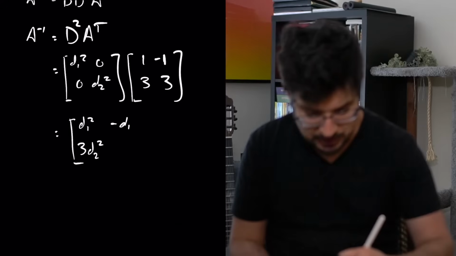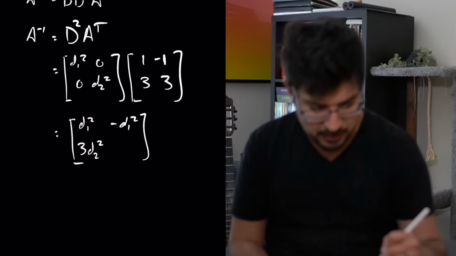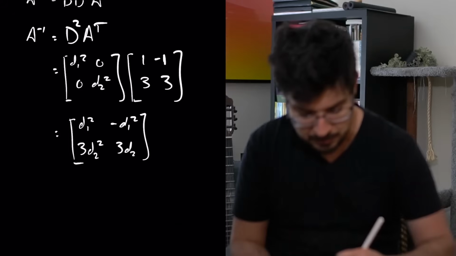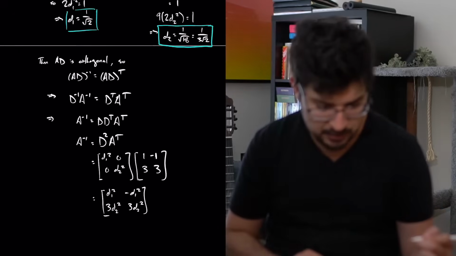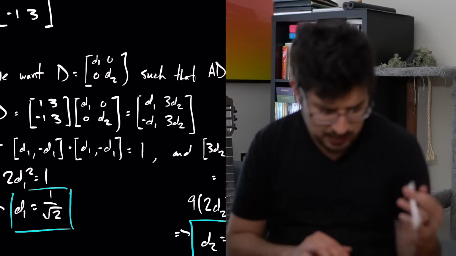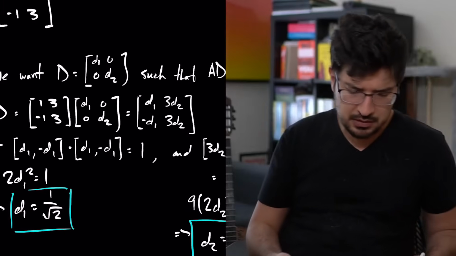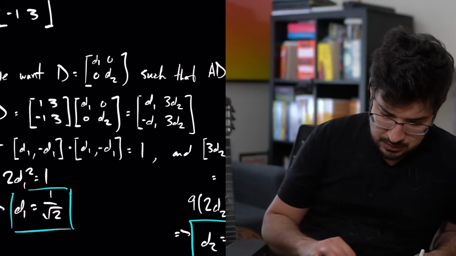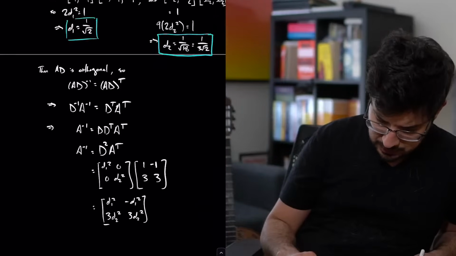Negative D1 squared, and 3D2 squared. Okay, so I got something a little... Did I do this matrix calculation wrong? No, okay, wait.